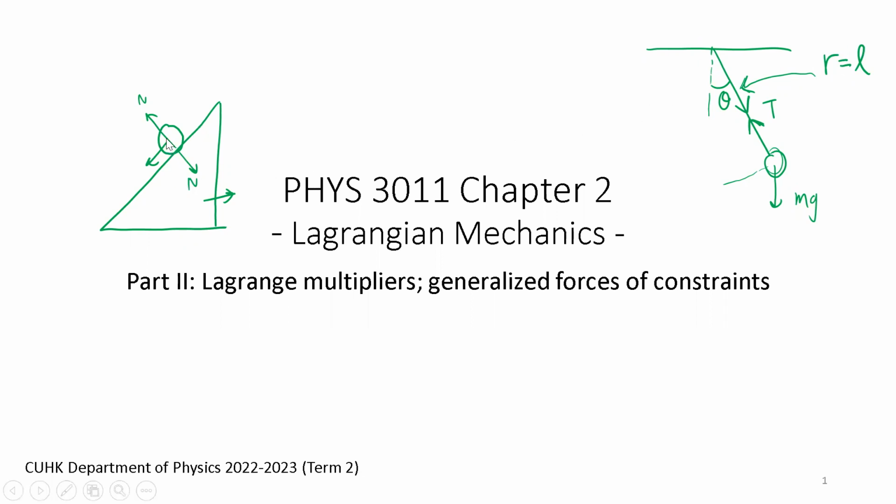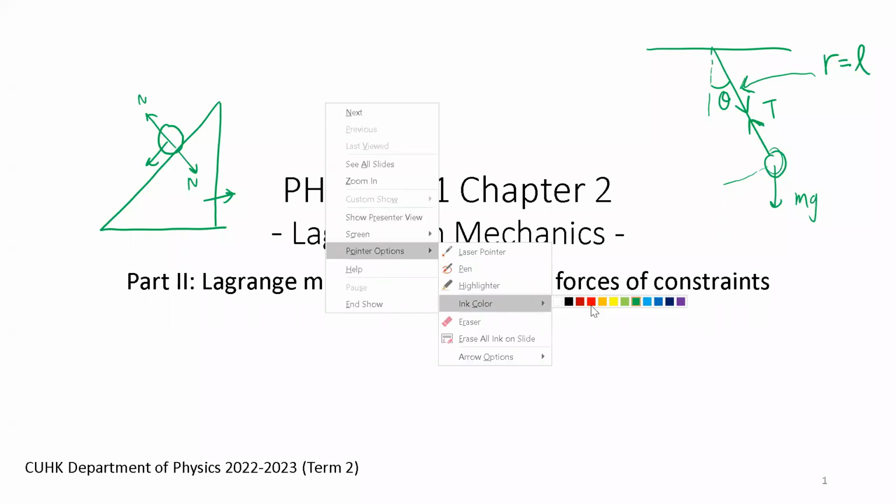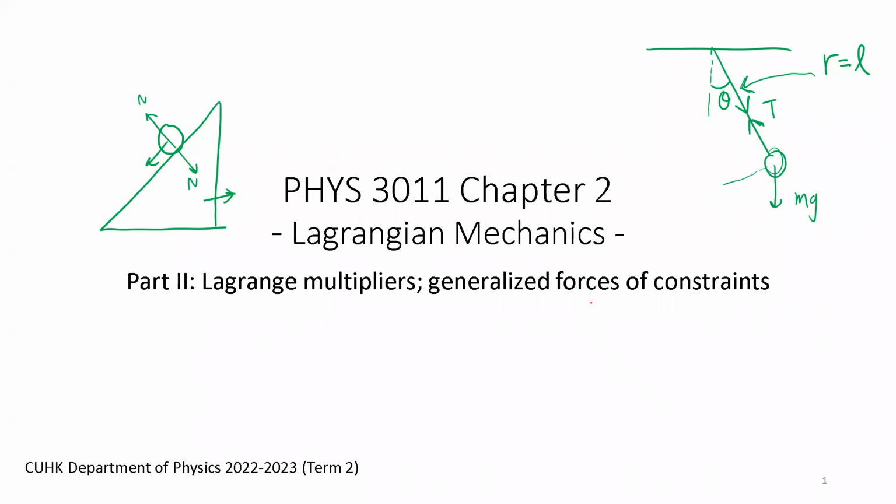Similar to this one. Remember that when we worked on this problem, the generalized coordinates we chose are this one and this one. When I pick these two coordinates, I already know that this particle can only slide like this.